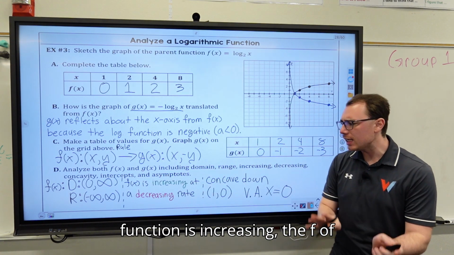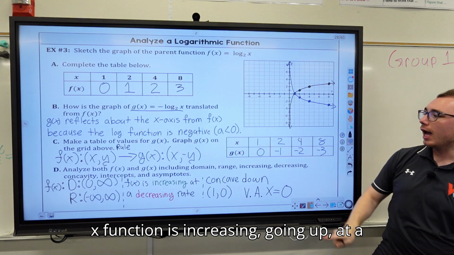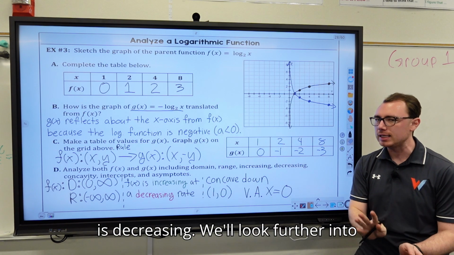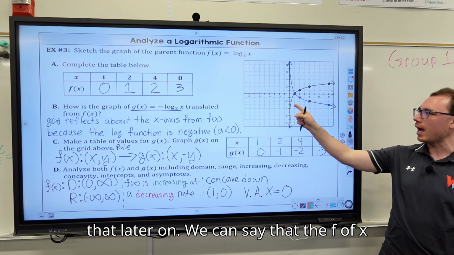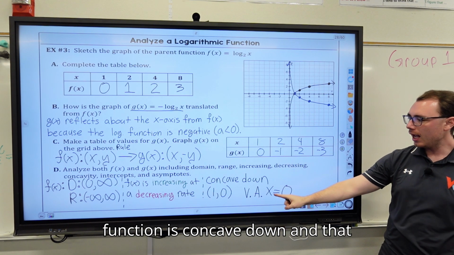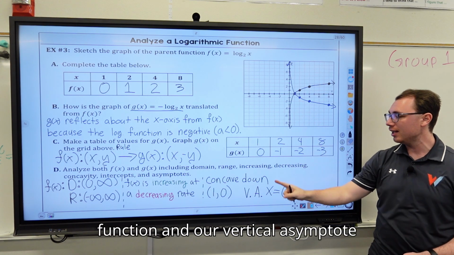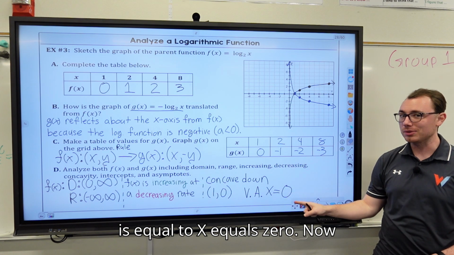The f of x function is increasing, going up at a decreasing rate. The rate of change is decreasing. We'll look further into that later on. We can say that the f of x function is concave down, that (1, 0) is our intercept, and our vertical asymptote is x equals 0.